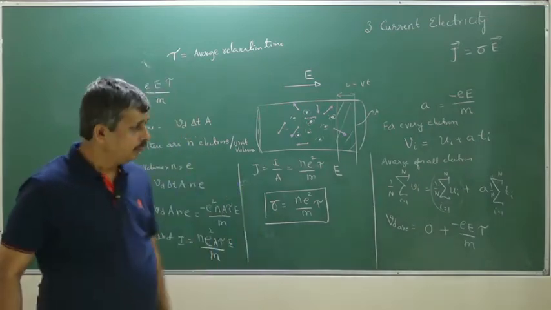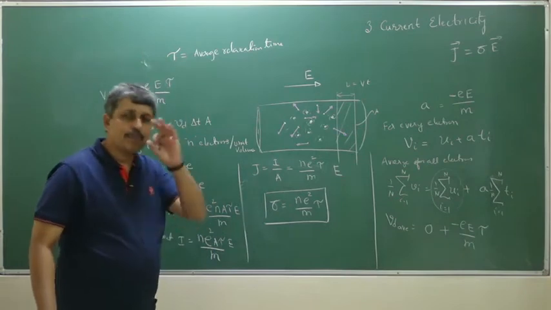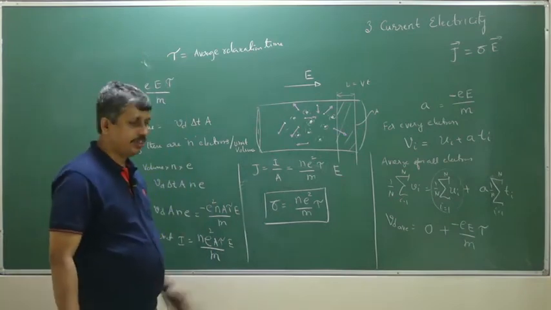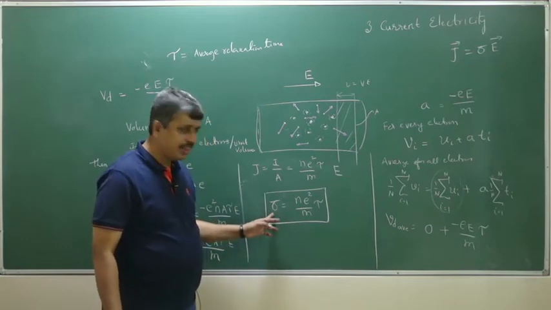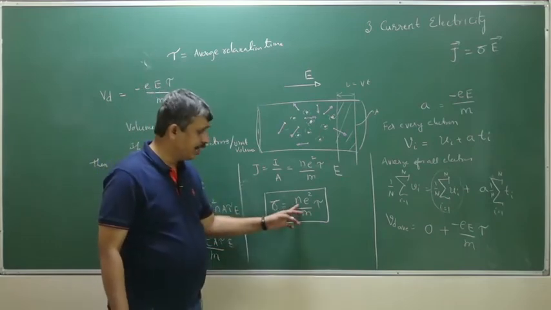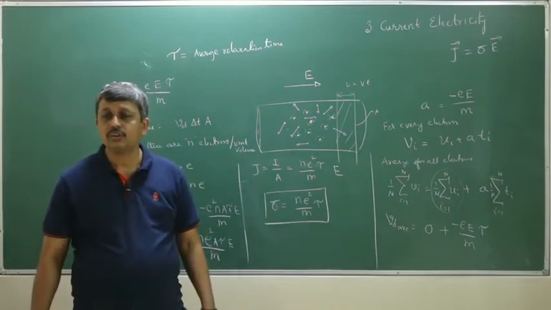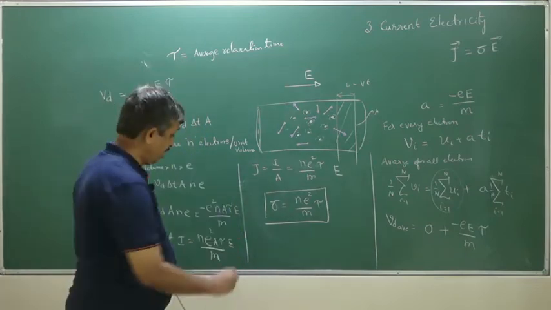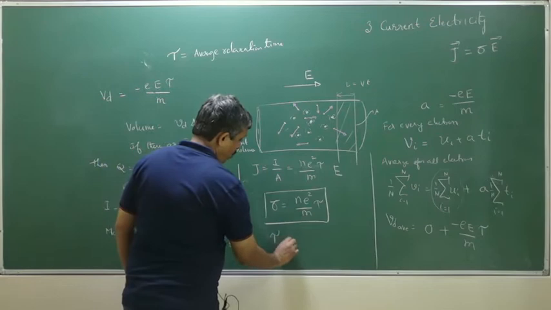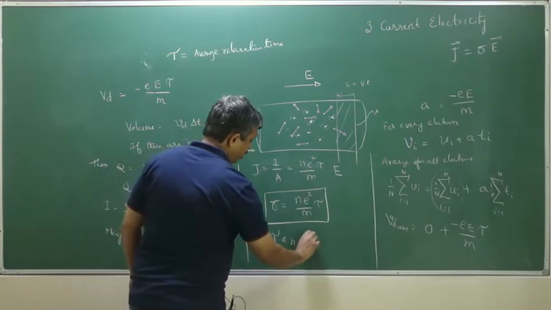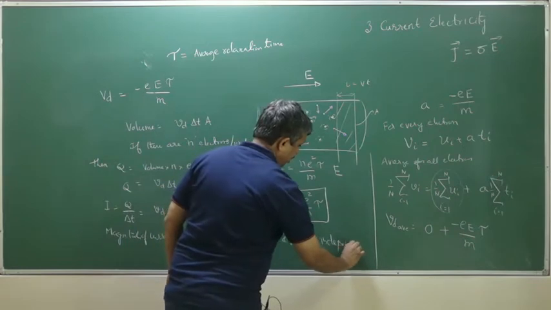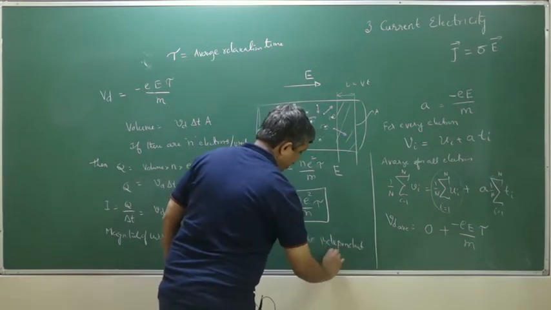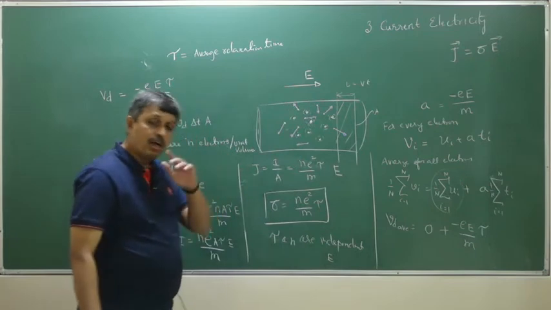One last important assumption we have to understand in this equation is this: when we call this conductivity, we always think that tau and n are independent of E. As long as tau and n are independent of E, Ohm's law holds good.